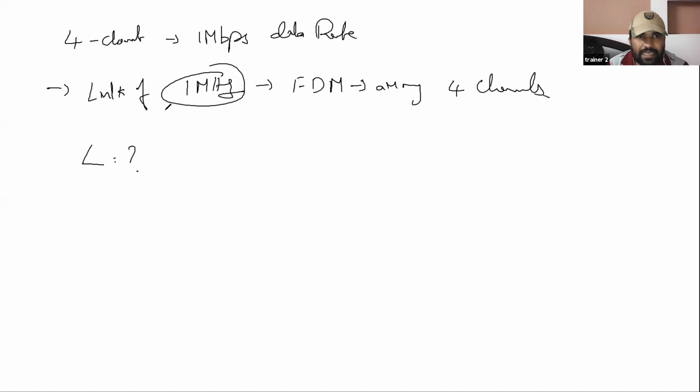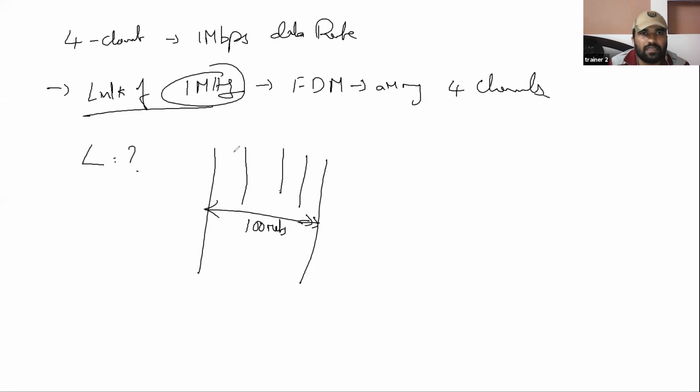So as you can see here, total link is 1 megahertz. That means the road width is, let's say, 100 meters. There is no such road, 100 meters. And you are going to divide the road into 4 channels, where each channel is 1 Mbps. That means, not 10 meters, 25 meters you will get, right?